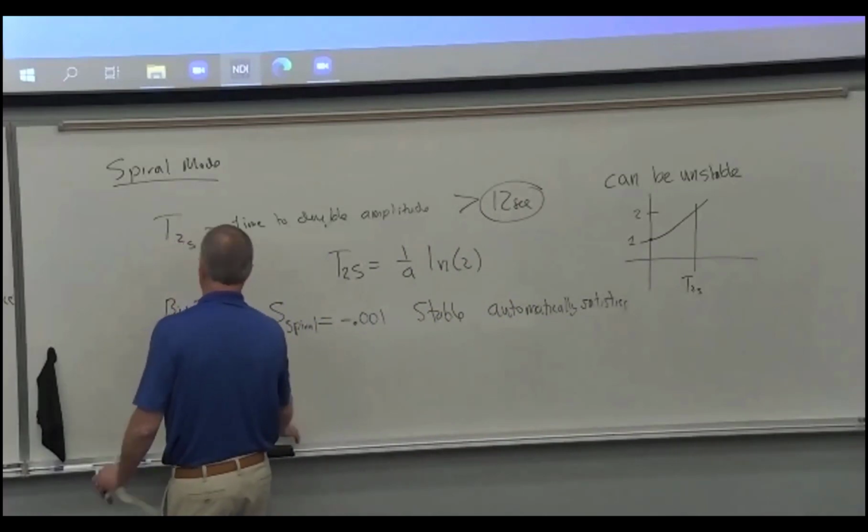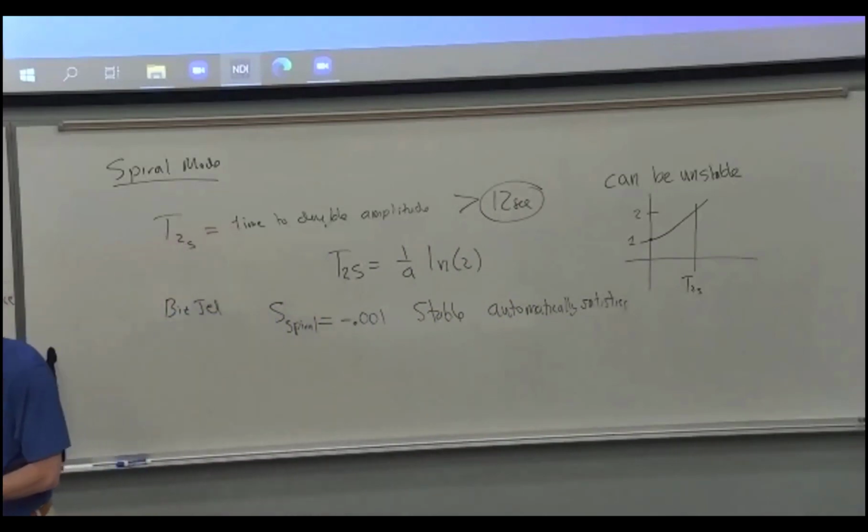And then the Dutch roll is analyzed by looking at the damping ratio and the natural frequency of that mode. So I'll show you how you calculate that from the roots.